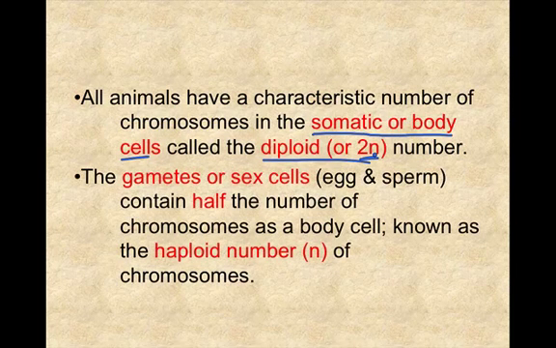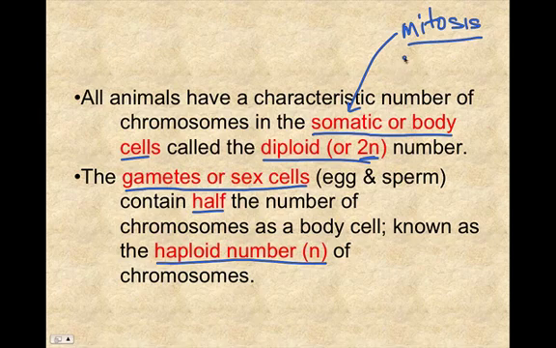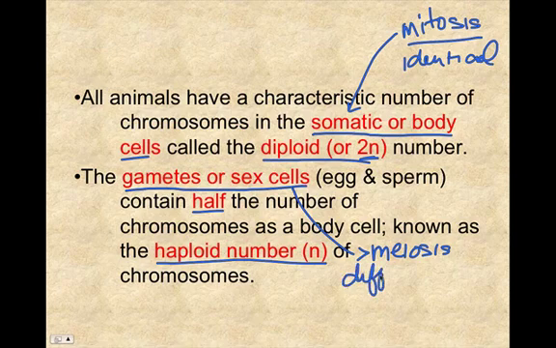The gametes, or your sex cells, contain half the number of chromosomes as a body cell, and those are then haploid. These types of cells reproduce by mitosis, and those cells are identical. These cells reproduce by meiosis, and they are different.